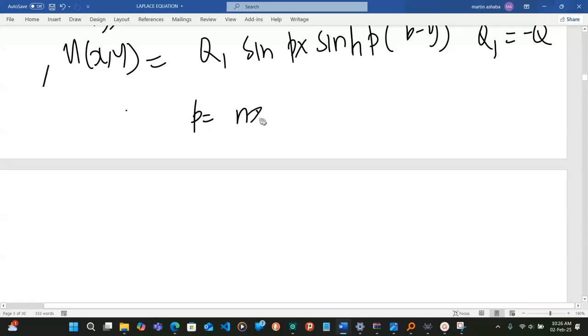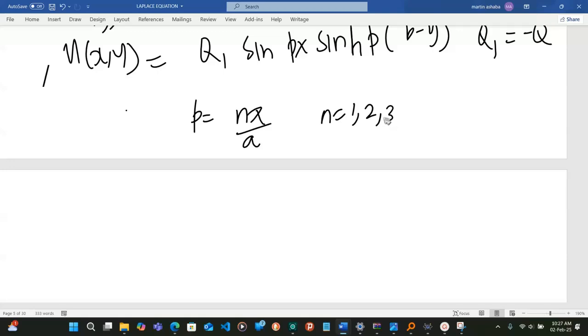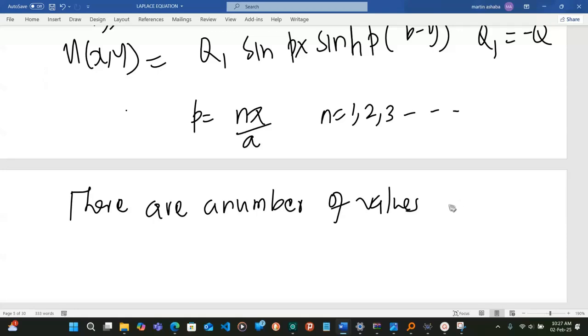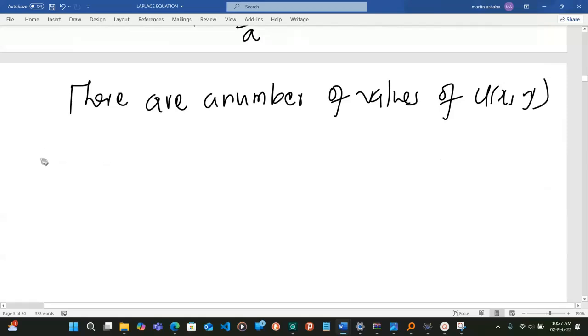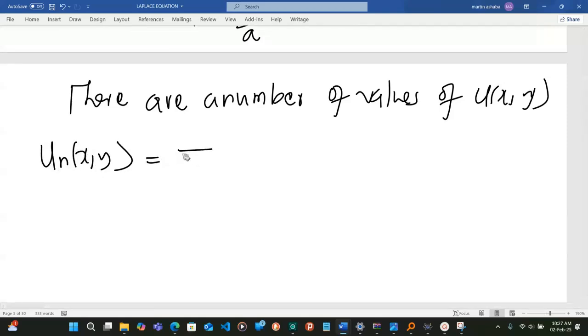is equal to nπ out of a, for n equal to 1, 2, 3, up to infinity, there are going to be a number of values of u(x,y). So if that is the case, then we shall have a general expression u_n(x,y) equivalent to the summation from n equal to 1 up to infinity of c_n.